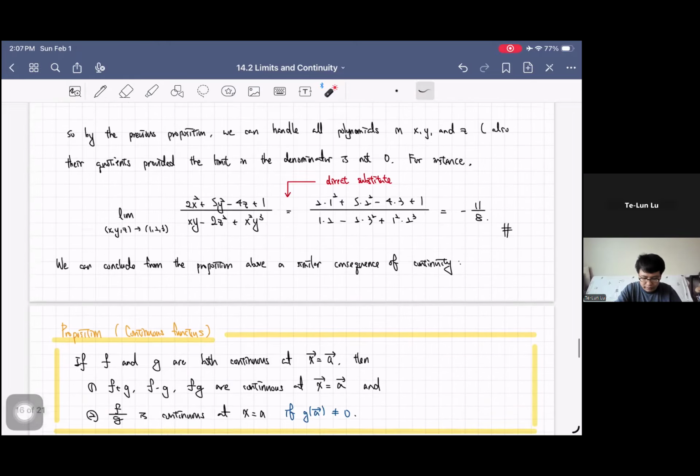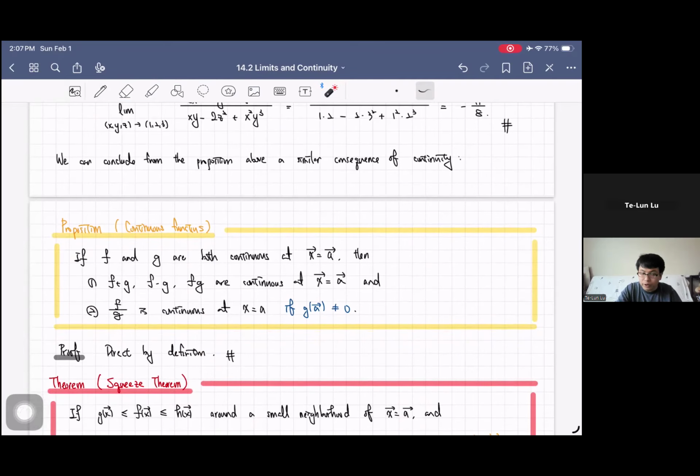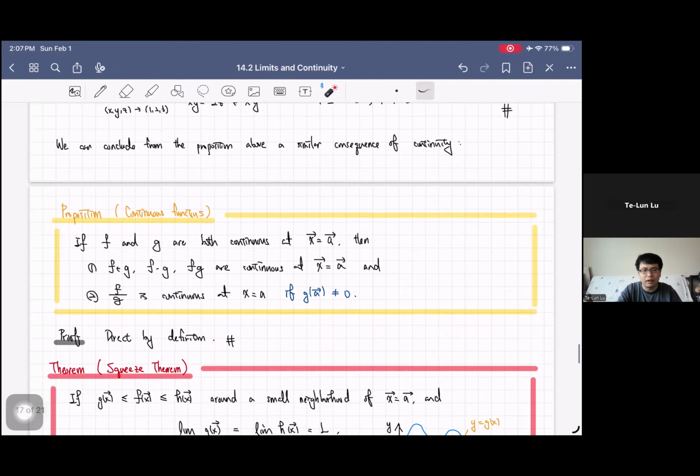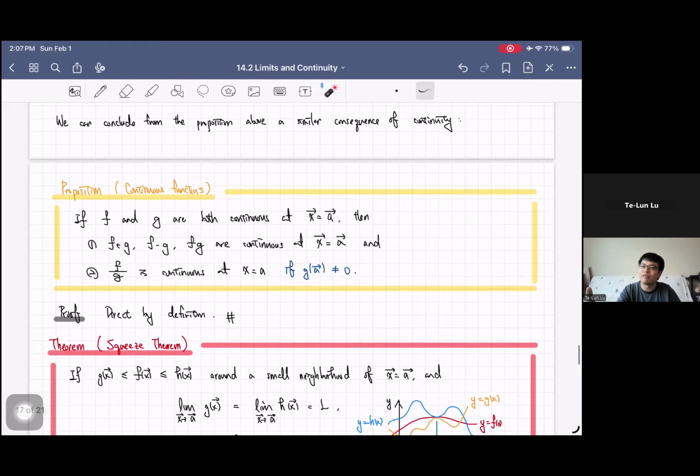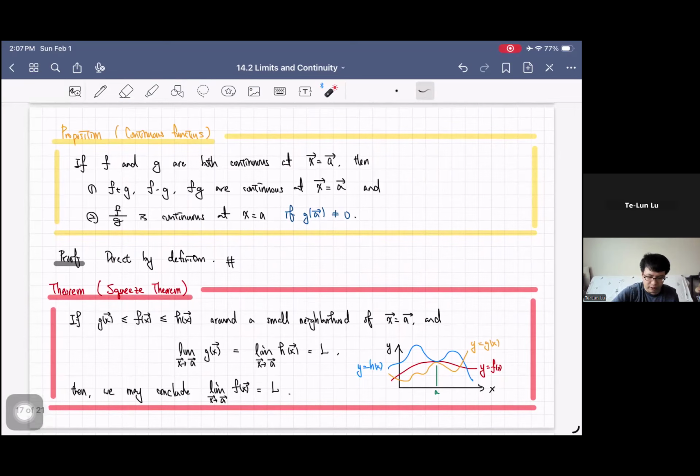How do we extend this kind of class? How do we find more continuous functions? We will do that now. First of all, we observed this back in the first portion of the video. We know that continuity is also nicely behaved under addition, subtraction, multiplication, and division. That is proven directly by the definition.